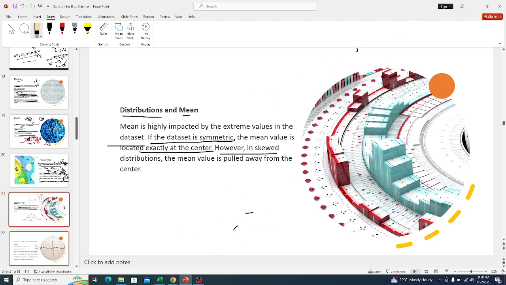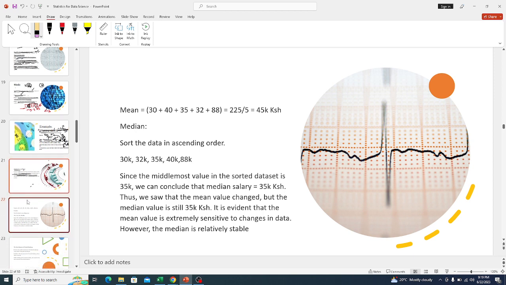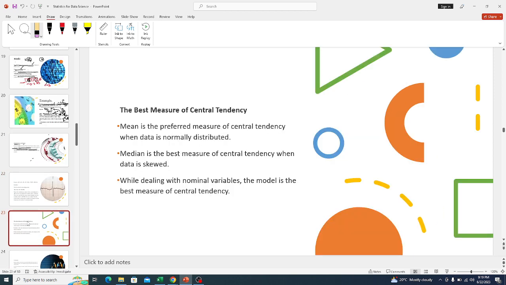Okay, good. The other thing is the best measure of central tendency. Mean is the preferred measure of central tendency when data is normally distributed, meaning we don't have any outlier.